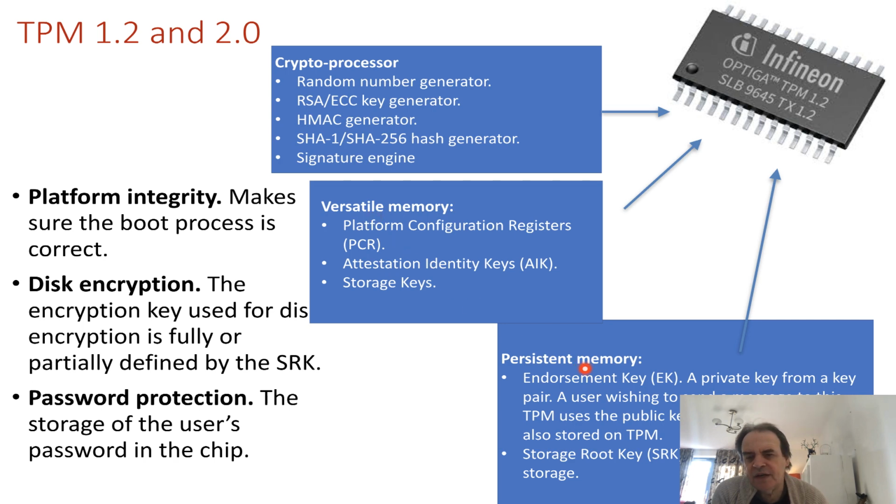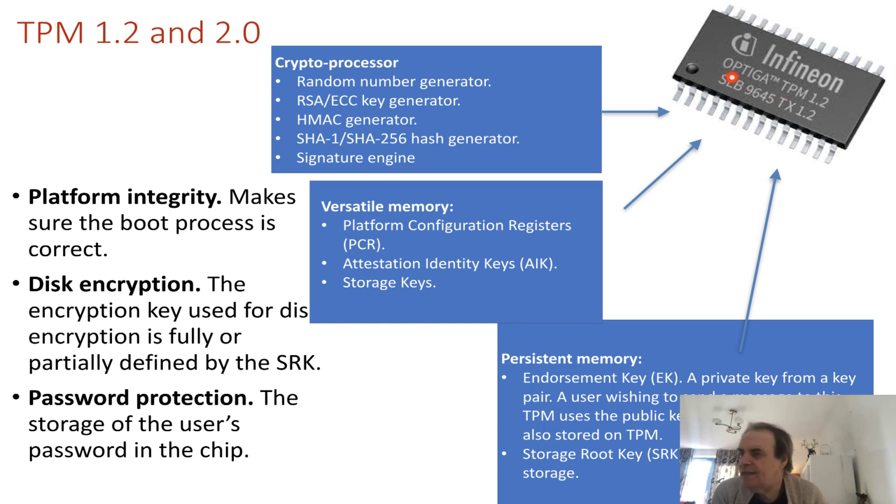Along with that, we have persistent memory, and the two most important key pairs are the endorsement key, or EK, and the storage root key, or SRK. The endorsement key is a key pair where the private key is not released to anyone, but the public key is available.